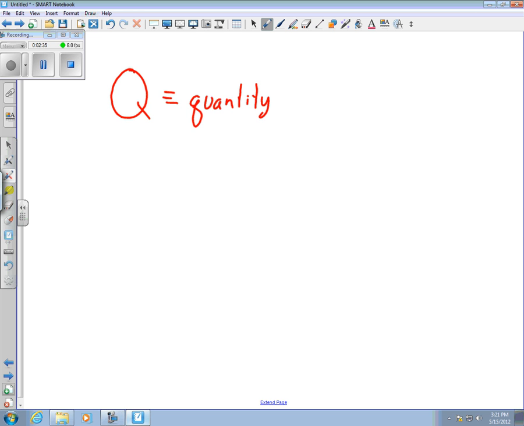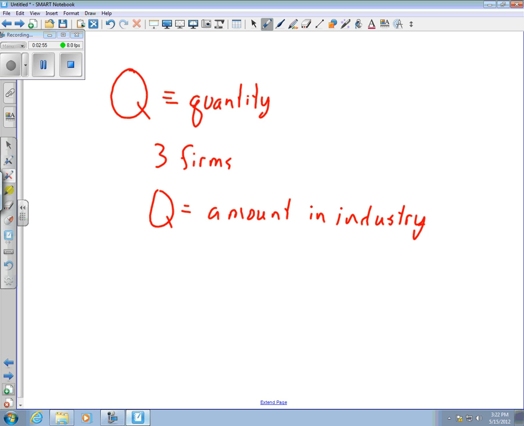So, well, let's suppose you have 3 firms in an industry, and each one produces some amount. So let's see, capital Q could be the amount produced in the industry. You can think of it as industry sales or something like that.